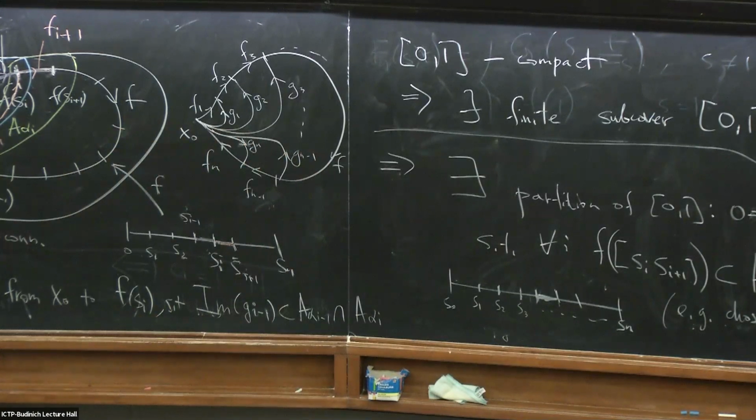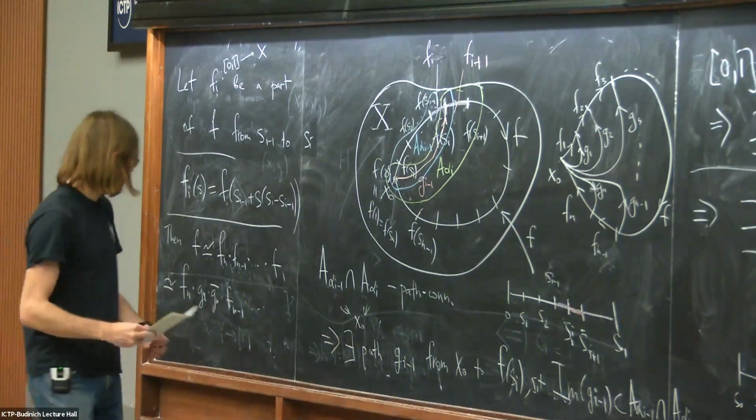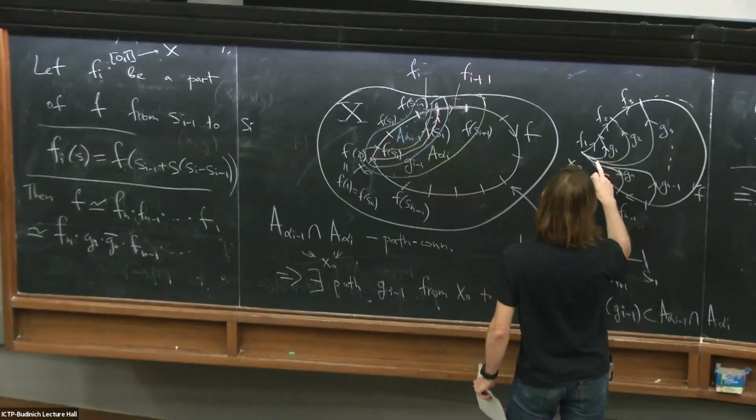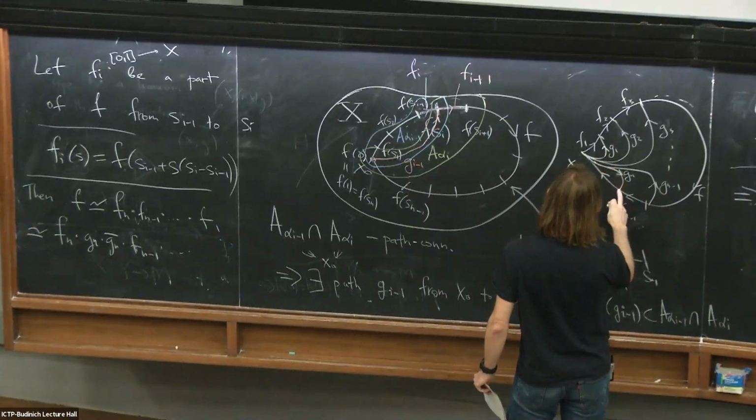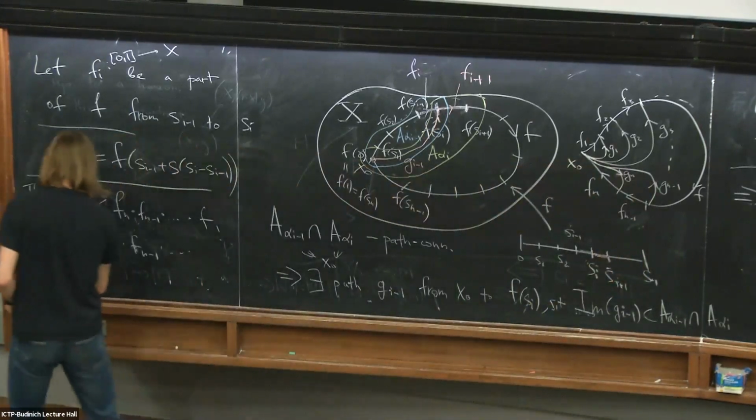So I can do the following. I can insert g n bar between f n and f n minus 1. Why is this a valid thing? Because if I go in the opposite direction, I have f n, g n, then I go back along g n bar, and then I have f n minus 1. And then I continue in a similar manner.